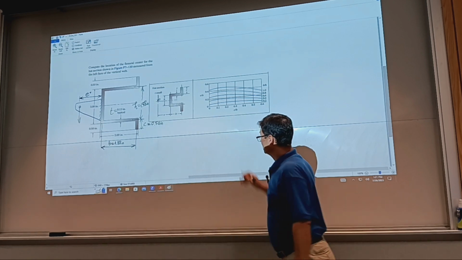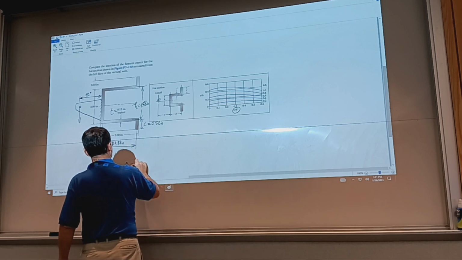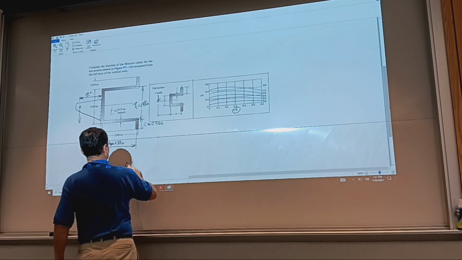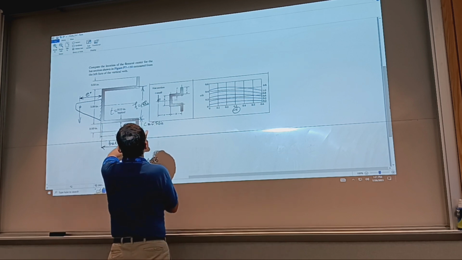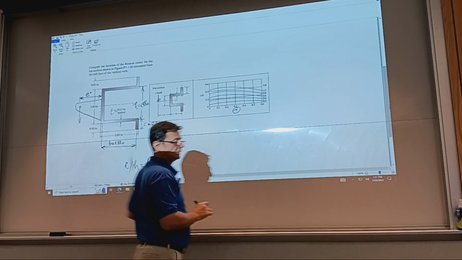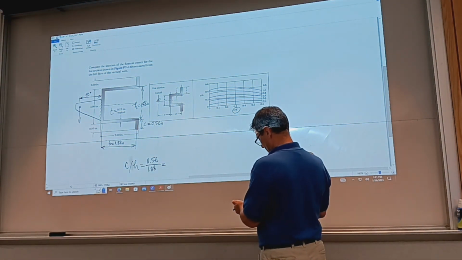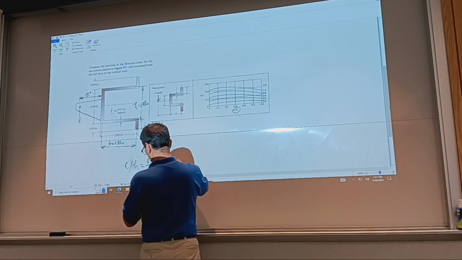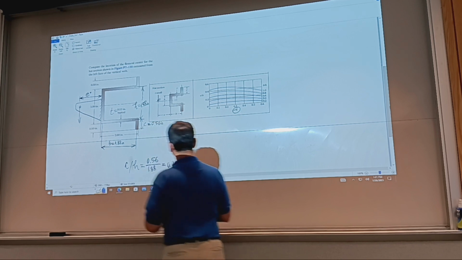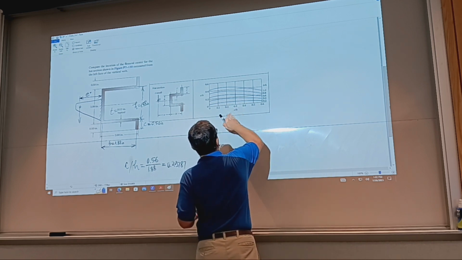With this, we can evaluate the ratio C over H. So C over H is going to be 0.56 over 1.88, and this comes out to be 56 over 188. This is 0.29787. Easily 0.3, shy left of 0.3, okay?